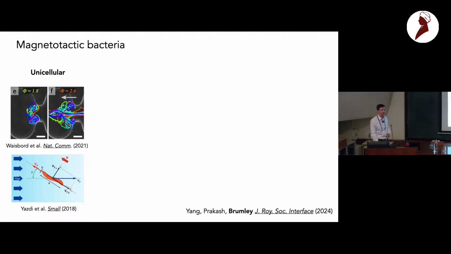There are some beautiful experiments in the literature about unicellular magnetotactic cells, like the one shown schematically here, that fabricate magnetite inside the cell, and this helps to align them passively through the magnetic torque along a field line. Then they just swim along that direction.